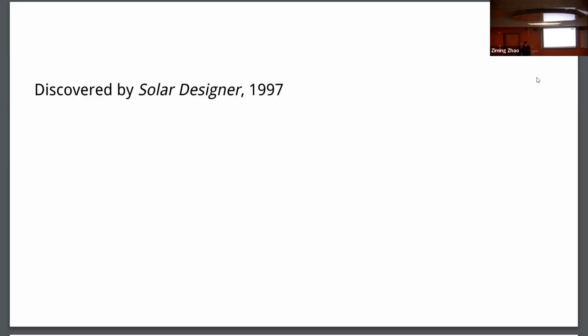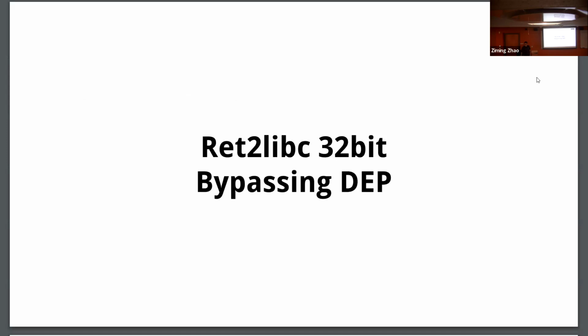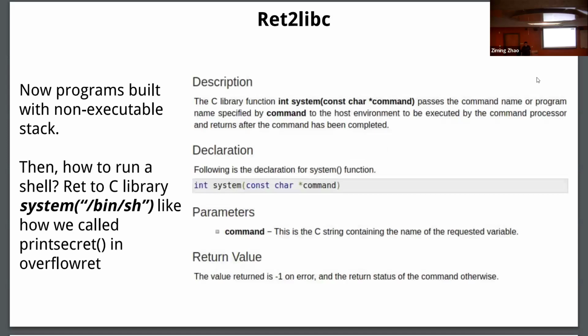If you Google, you can find his work, which is brilliant. He came up with an idea called the return-to-libc attack, and this attack can bypass DEP. There are other security features that make it not as effective as before. But with what we're going to learn later in the class, return-oriented programming, we will be able to expand return-to-libc to a more general form that can do all kinds of things.